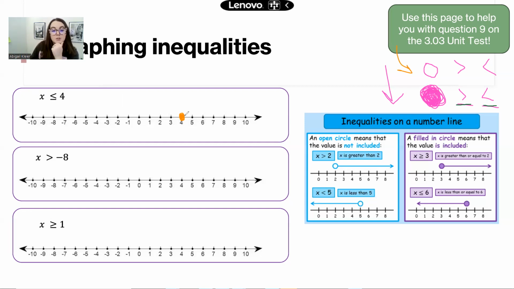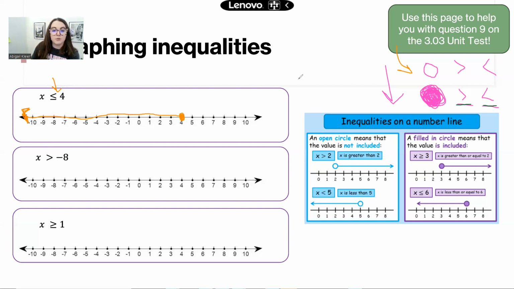So I color in my circle. And then if x is a number that's less than or equal to 4, that means my number line would include any of these values. So you can see that my line is going towards the negative, towards the smaller numbers, because x is a number less than or equal to 4.